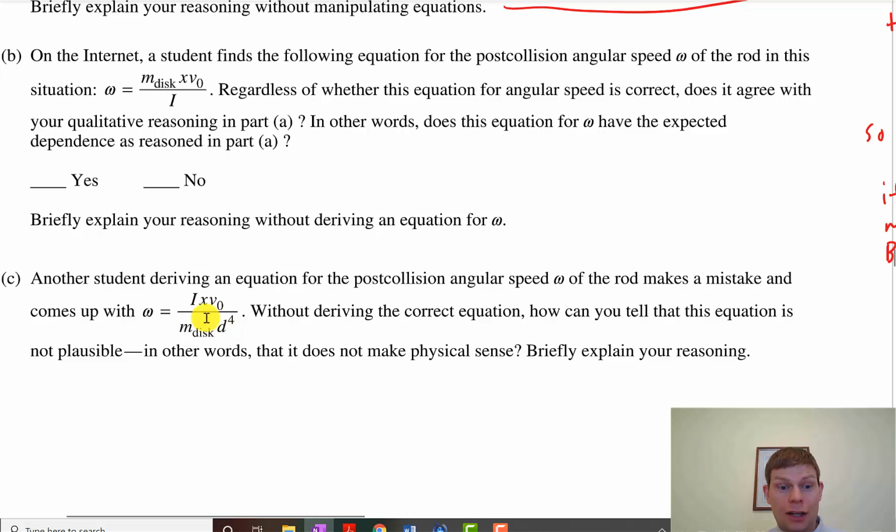It also has an inverse dependency on the mass of the disk. So as the mass of the disk goes towards zero, your angular speed after it hits that bar gets faster the smaller the mass of the disk, which makes no sense at all. You throw a smaller thing, it rotates this big heavy door or rod faster than a bigger disk thrown at the same speed.